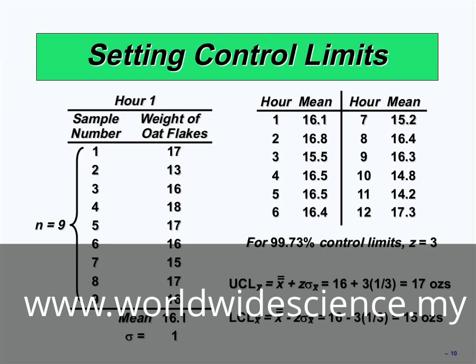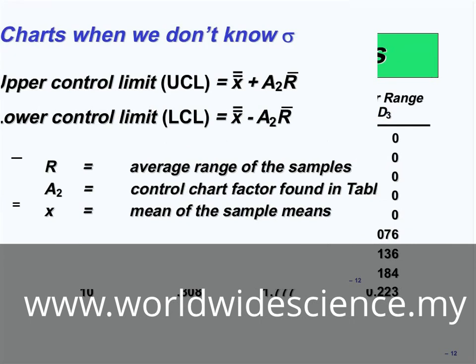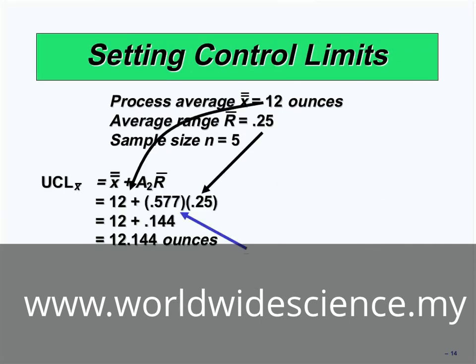Okay, very nice. When you calculate range for each hour, R bar means the average of the ranges. You should sum the ranges together and divide them by 12, and you can calculate R bar. Now in this formula, the second method for the X bar chart. The process average in this example is different.